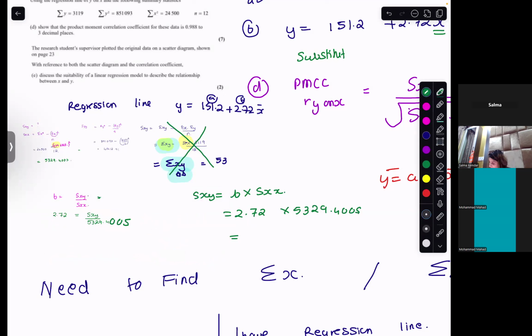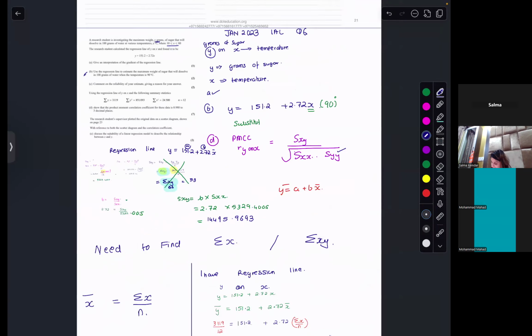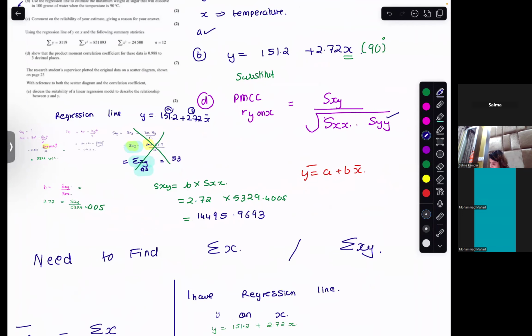My sxy will become 14495.9693. I hope you're with me. So I got all the values for the regression equation. This I got from the b. This I got from the regression equation by putting the means. And now I just substitute.